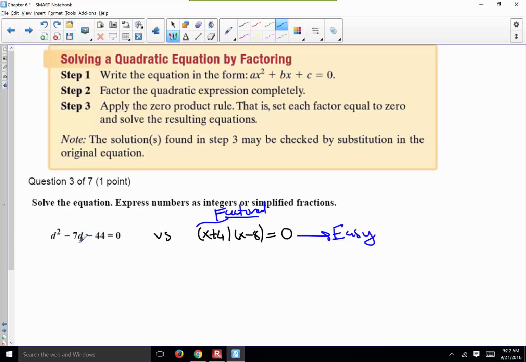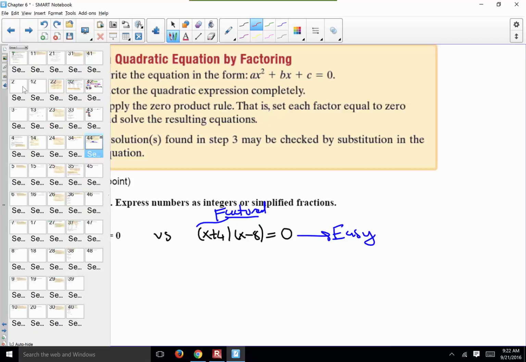How do I factor this? First thing, once I'm given a question, see if there is a common factor in all numbers and variables. D squared, 7D and 44. Anything common here? No, nothing at all. Second thing I check is if this number in front of the square is 1. Is it 1? Yes? Then this is an easy type.